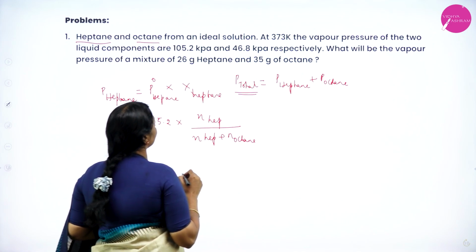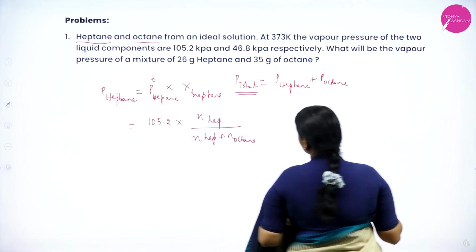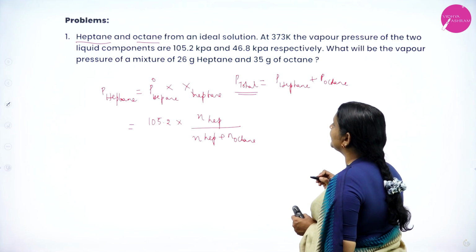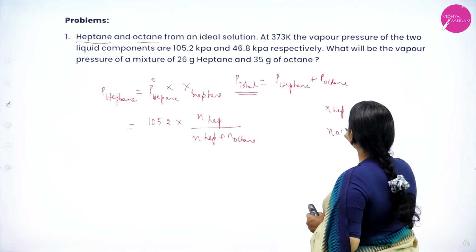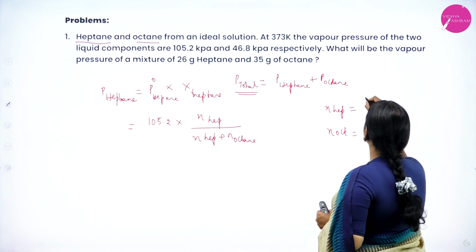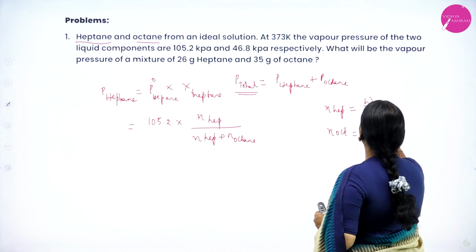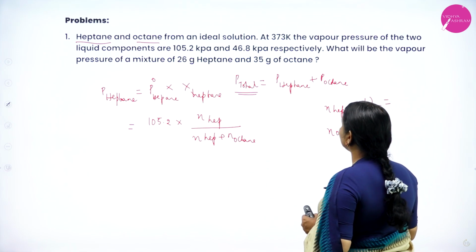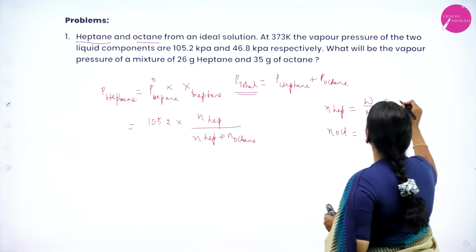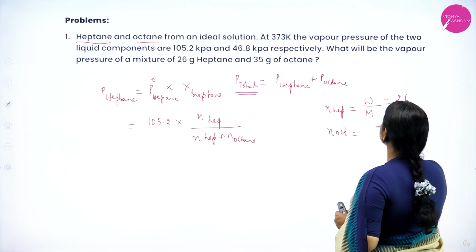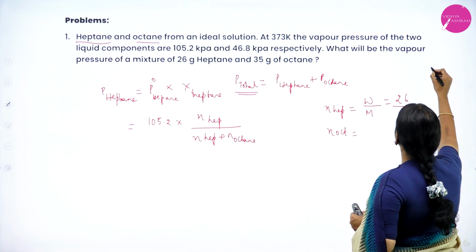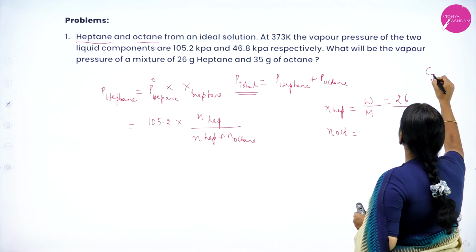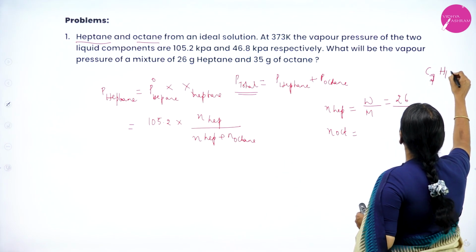Therefore, to find the mole fraction, you have to find the number of moles of heptane and the number of moles of octane. What's the formula for the number of moles of heptane? W by M. What is the weight of heptane? 26 gram, and M is the molecular mass of heptane. What's the formula of heptane? C7H16.